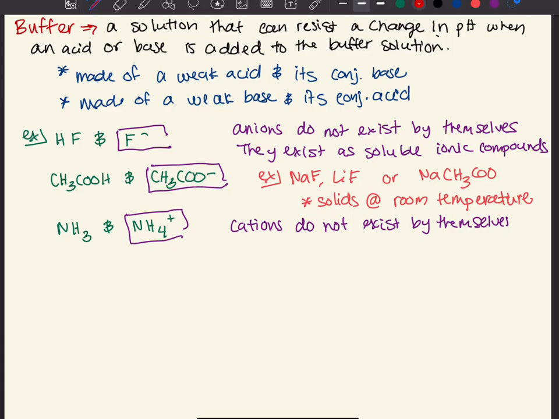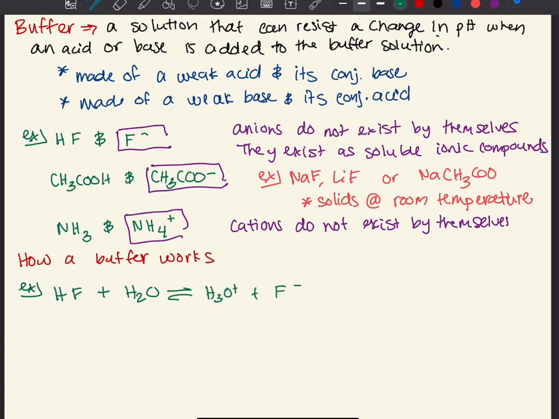So let's look at how a buffer works. If we look at our hydrofluoric acid buffer example, we have HF plus water dissociates partially into hydronium ion plus fluoride.